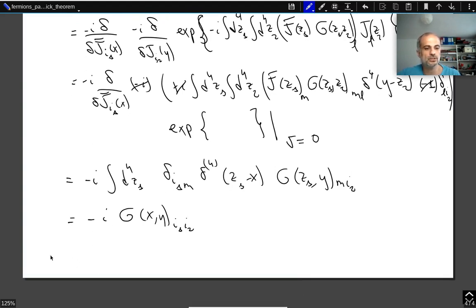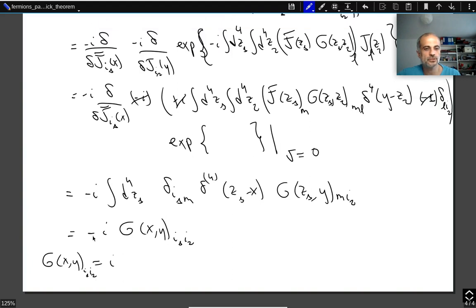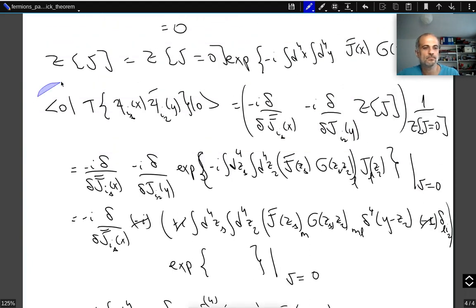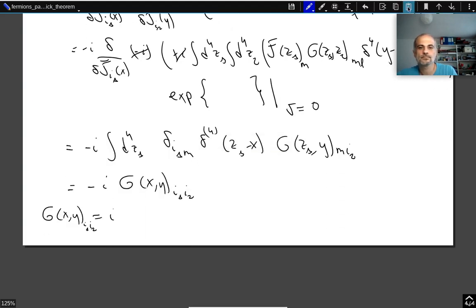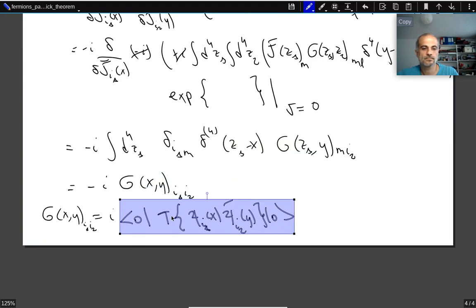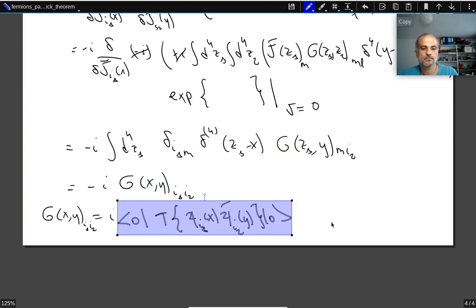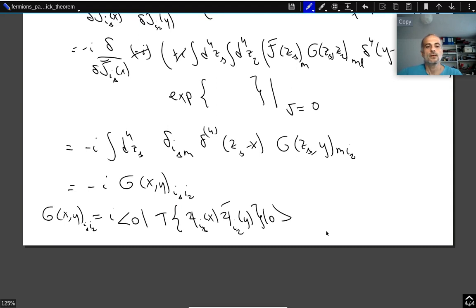So now we know what g is. This is i1, i2, just i times this term, which we had already evaluated. Now we can continue like this.